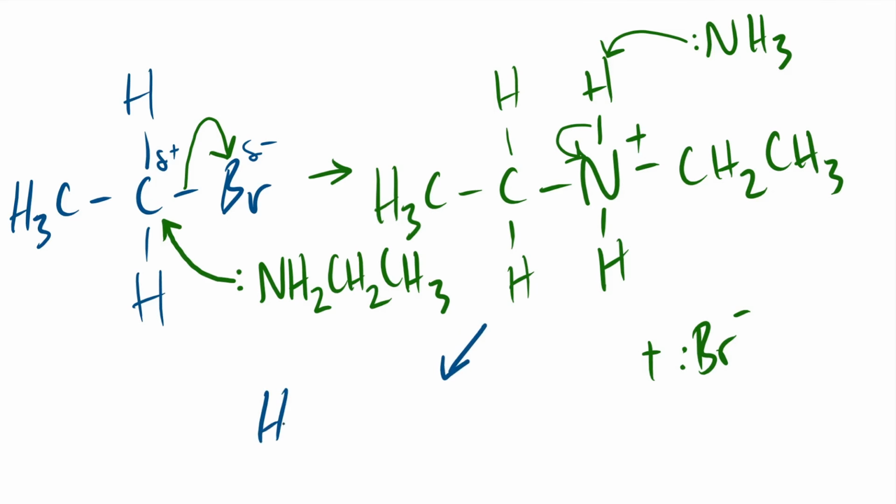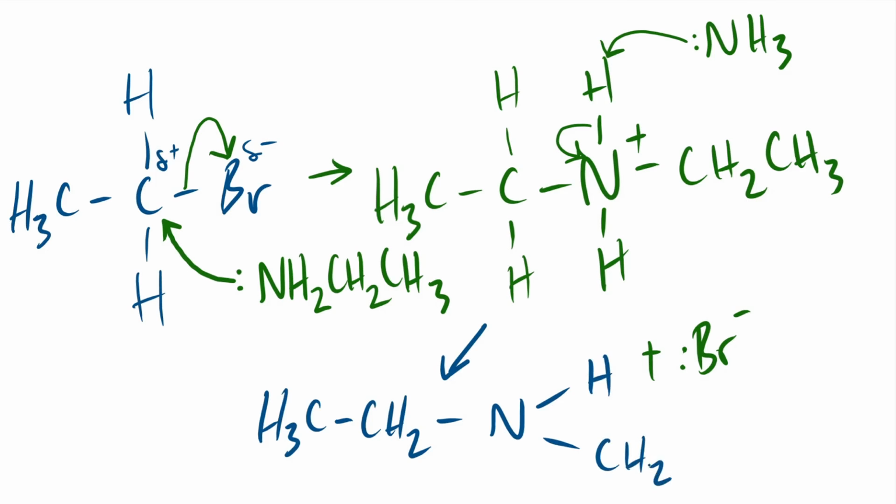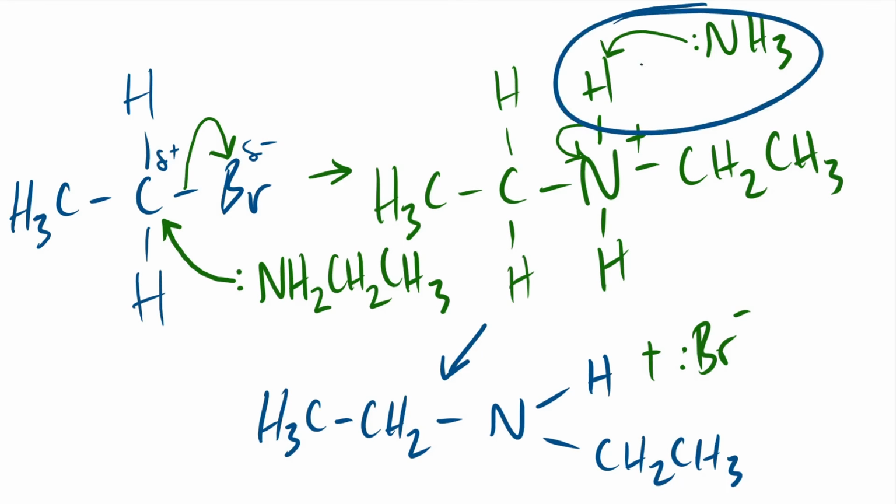So it's going to be CH3, CH2, N, then we're going to have our H, and then the rest of the molecule here, CH2, CH3. Again, same thing, this NH4 that formed is going to react with this, forming ammonium bromide, okay? And this is a secondary amine because there's 2 carbon chains on nitrogen.